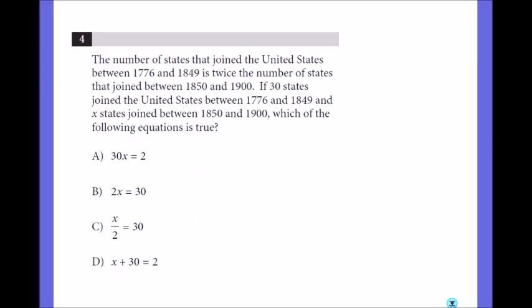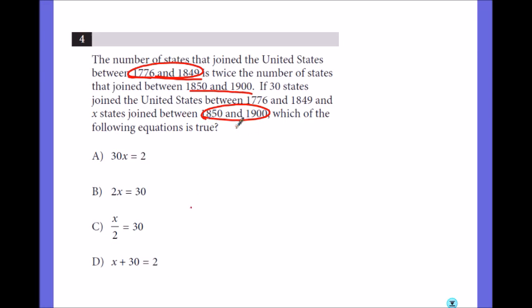The number of states that joined the United States between 1776 and 1849 is twice the number of states that joined between these two eras. If 30 states joined the United States between these eras, and x states joined between these two, which of the following equations is true?